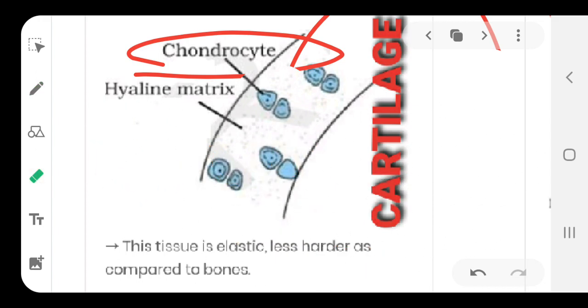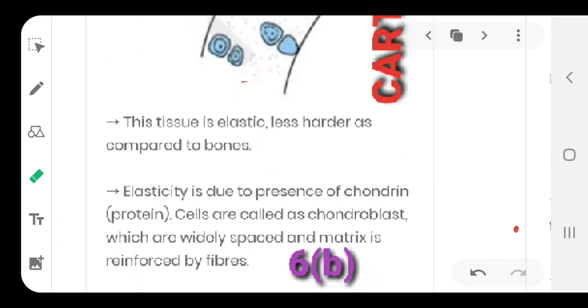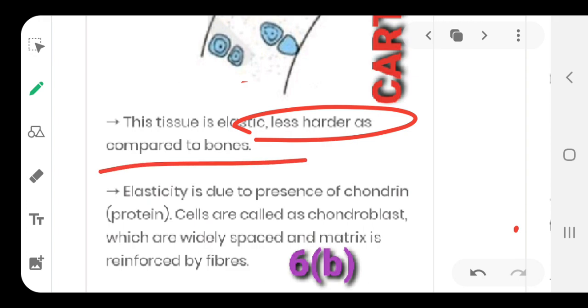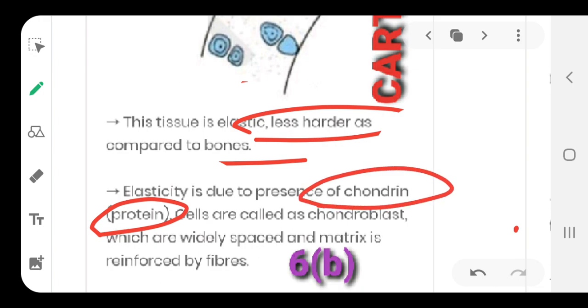Then they have a matrix there, as I have told you here, and the tissue in this case is less hard as compared to bones, and the elasticity of this particular tissue is due to the presence of a protein. Okay, this protein is called chondrin. So write it down, CHONDRIN.